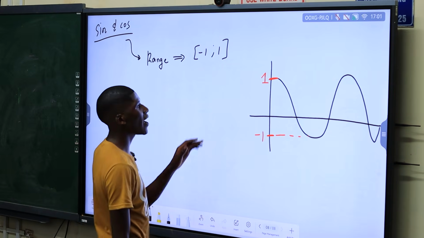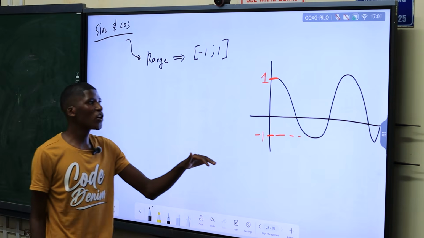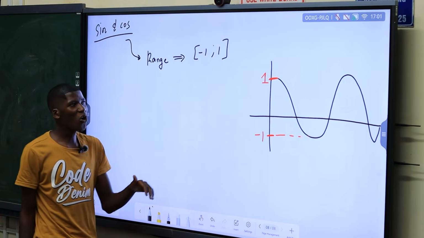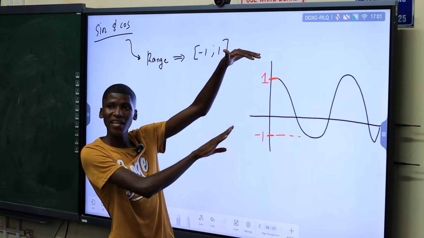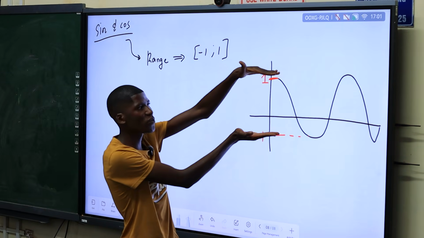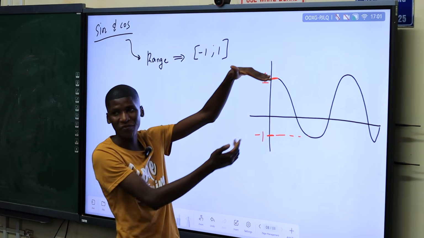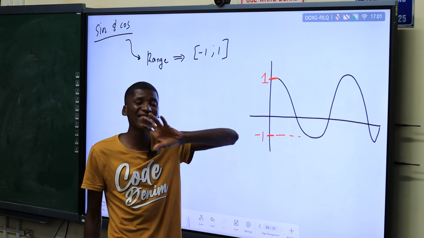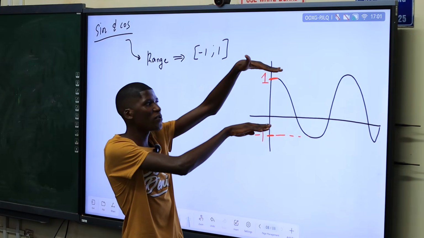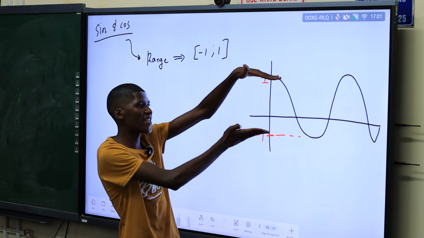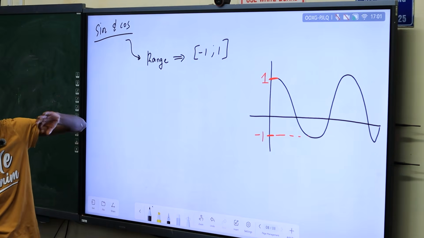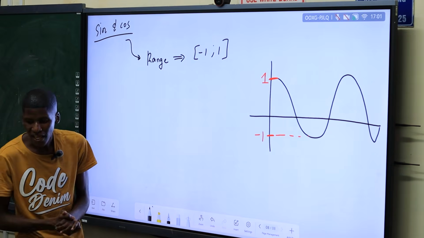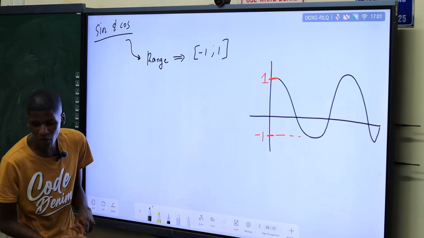So the limit here can never be greater than 1, and it can never be less than -1. It's always within 1 and -1. Because remember, the limit is a y value, right? So our y values, or our range, is between 1 and -1. So our limit will never be able to exceed that, unless you increase the amplitude.